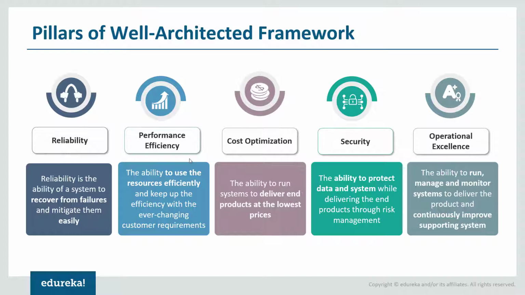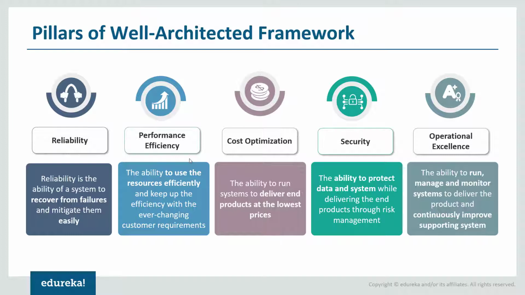The second pillar that we can talk about is performance efficiency. We typically tend to use more resources. For example, my application needs 4 GB of RAM, but what I do is just go ahead and assign 8 GB of RAM. That's fine, your application may perform very well, but it's not required to give exactly 8 GB of RAM.